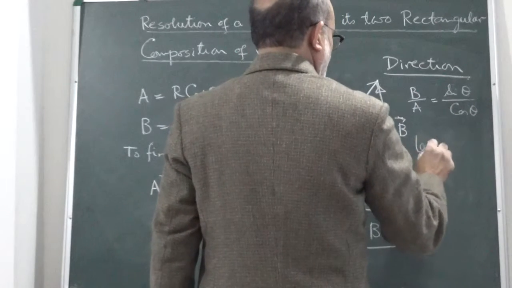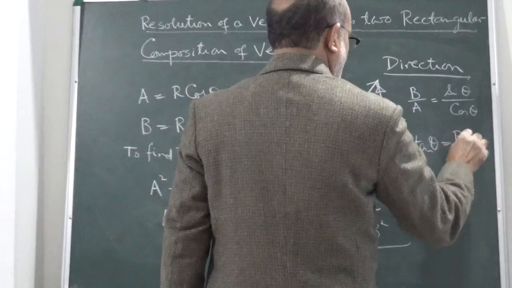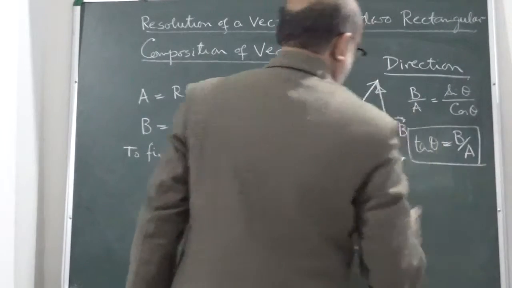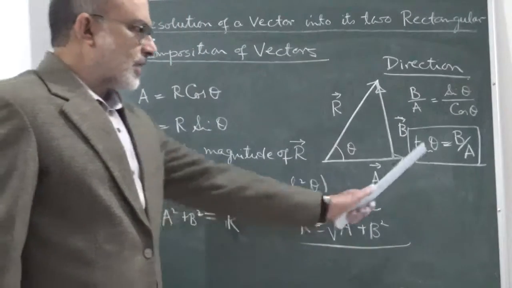So it is tan theta, which gives you theta. In this way we have found the magnitude and the direction of the resultant.